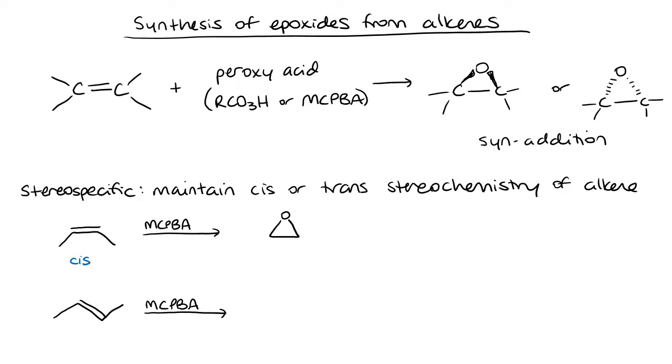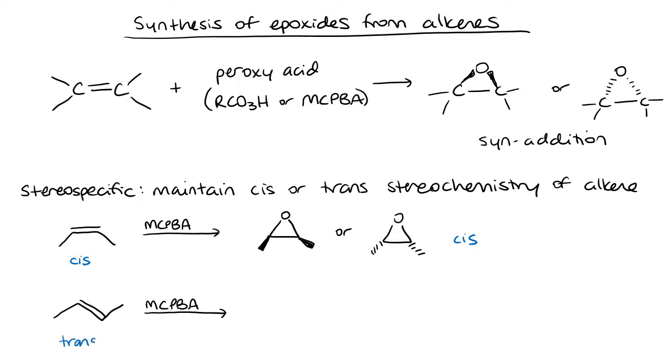But now we want to illustrate the stereochemistry of the two methyl groups that are attached to the double bond. Since they started out as cis, they're going to end up as cis, and we can show that as either both wedges or as both dashes. So either way, both of these are drawn in the cis conformation.